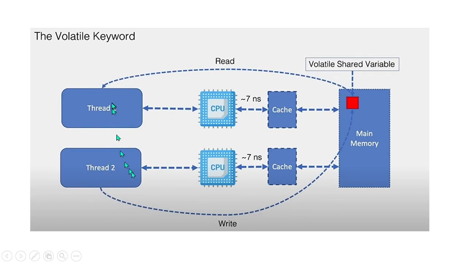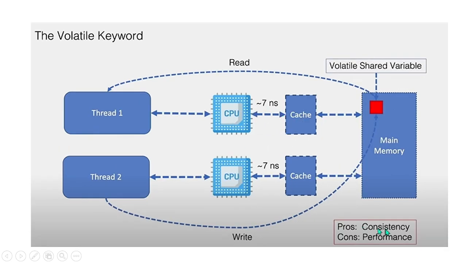With volatile, it waits until any write operation is done first, then the read operation happens. So all accesses to the variable go to main memory and not the thread's own cache. What we lose is performance, but consistency will be there. So whenever we really need it, we use volatile.